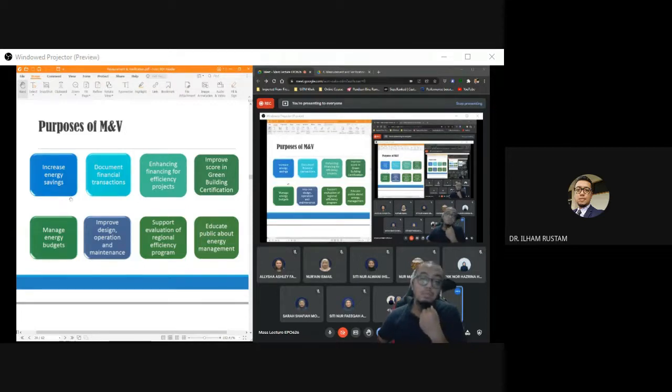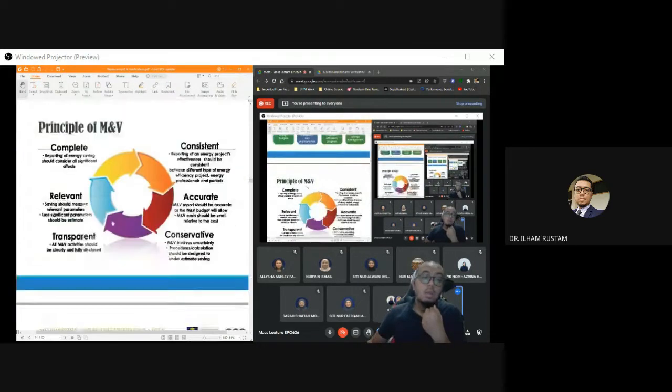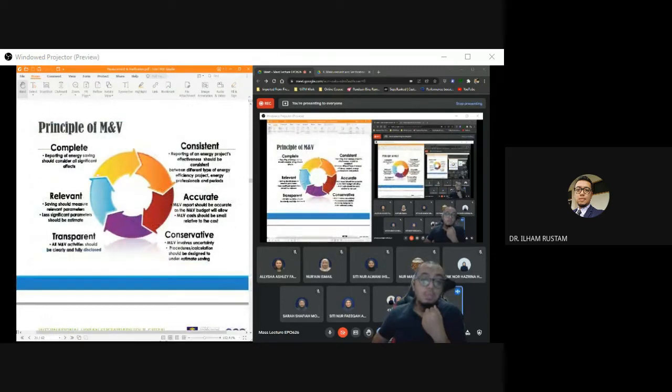Okay, so there are 6 principles of MNV that you need to observe. First, complete: the reporting of energy savings must be complete with regard to all significant effects.